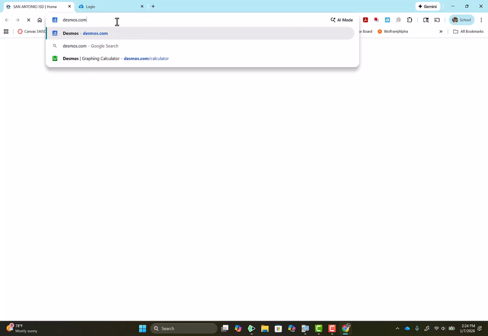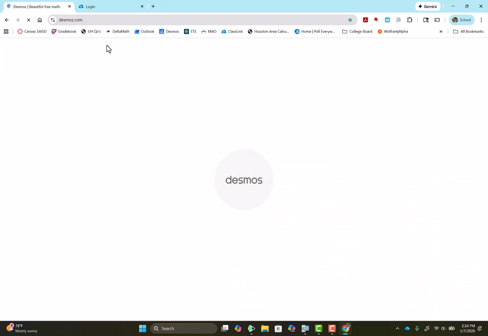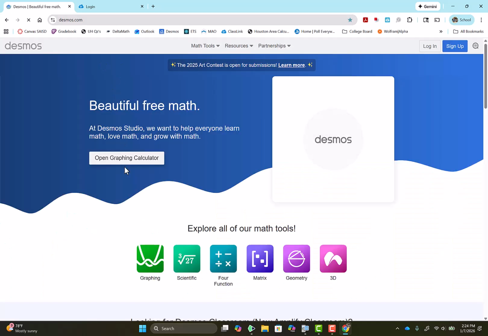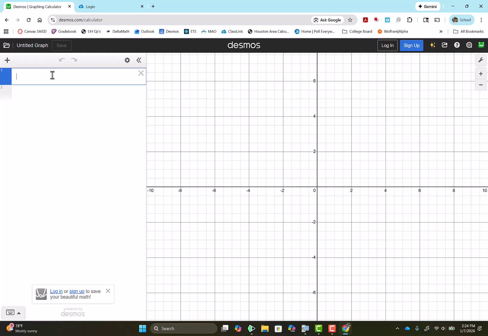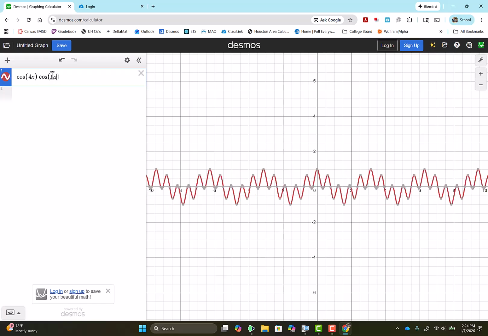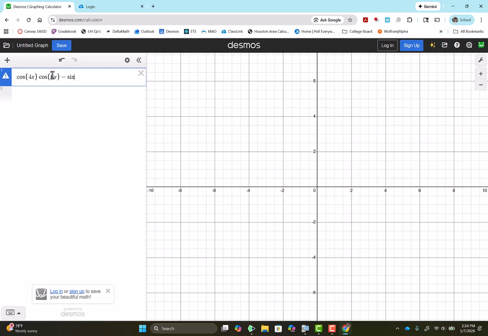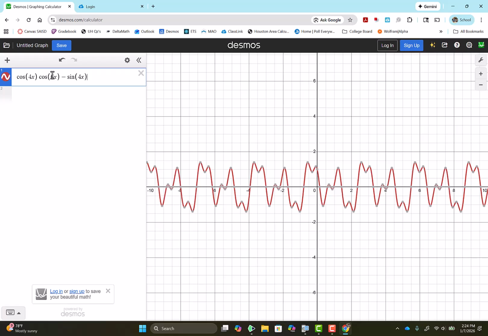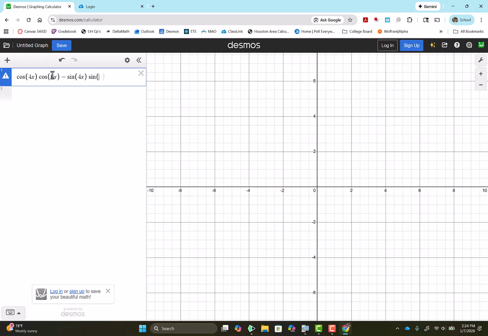If we go to desmos.com and we type in that initial formula that we have. So look, check it out. I'm going to type in cosine 4x, cosine 6x, and then minus sine 4x, sine 6x.